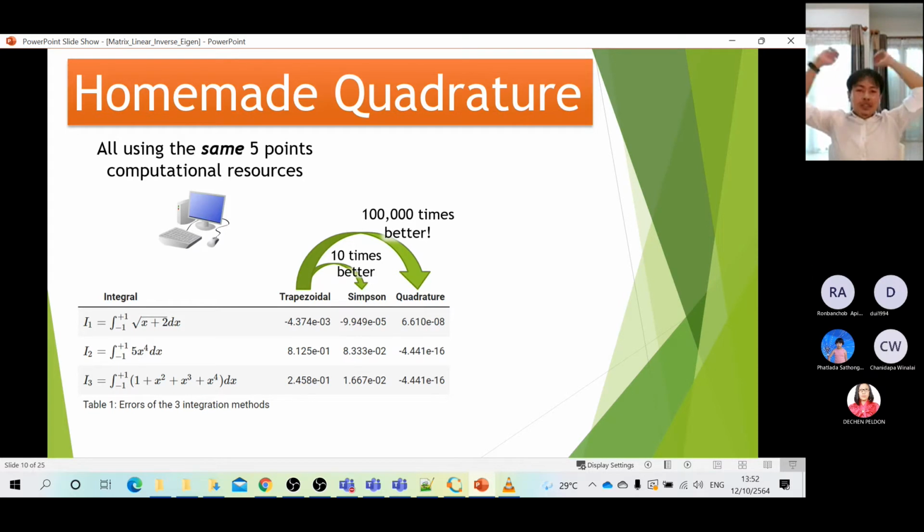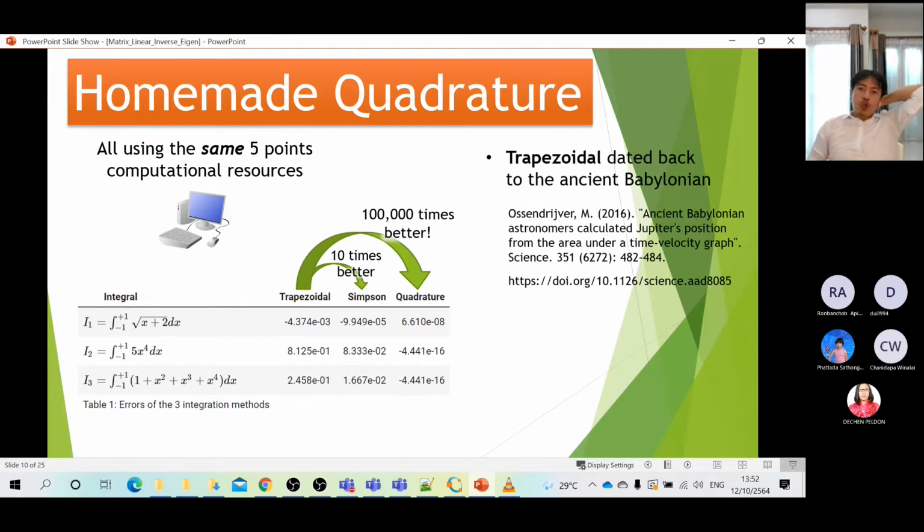So I dug up the history of these methods. Here's what I found. The trapezoidal method went back to the ancient Babylonians. That's many thousand years ago. They already knew how to do this integration using the area below the curve. It's very amazing.